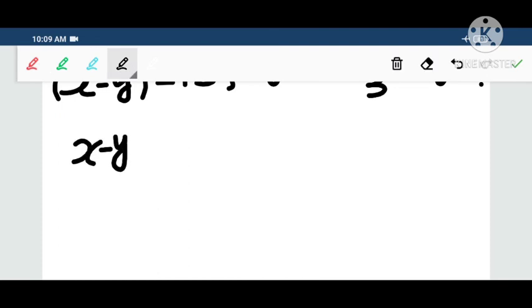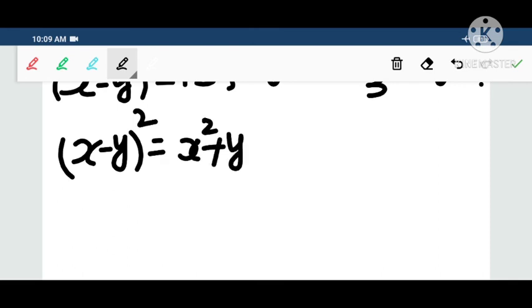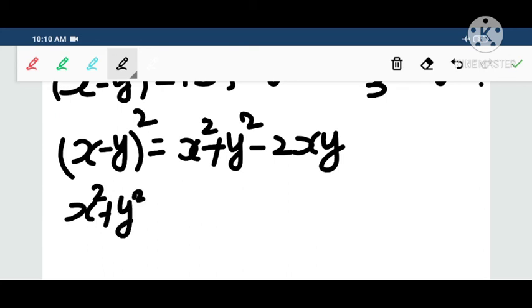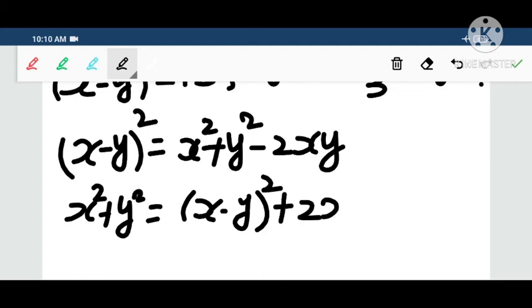x minus y the whole square is equal to x square plus y square minus 2xy. We are supposed to find x square plus y square as it is, so x square plus y square is equal to x minus y the whole square plus 2xy.